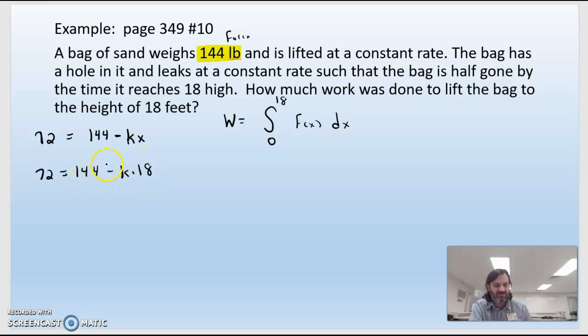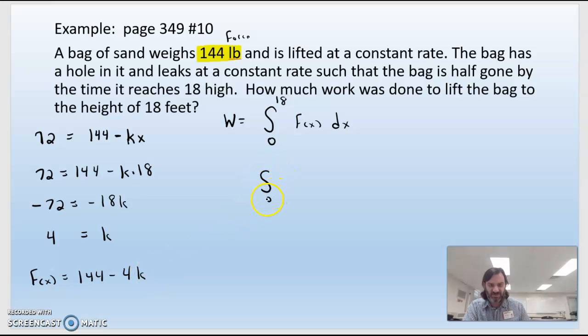Take that away from the 144, and we'll have 72 left. So let's work through this. Solve for k: negative 72 equals negative 18k. So in the end, k would be 4. So this force function for the variable force will be 144 minus 4x.